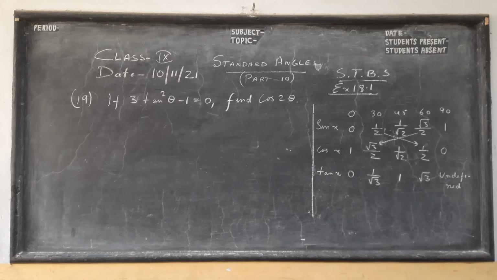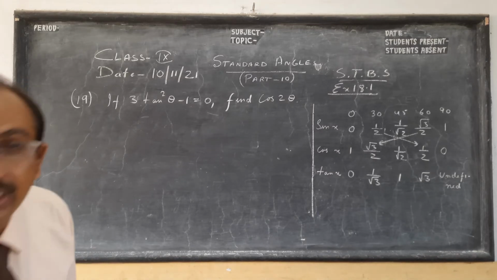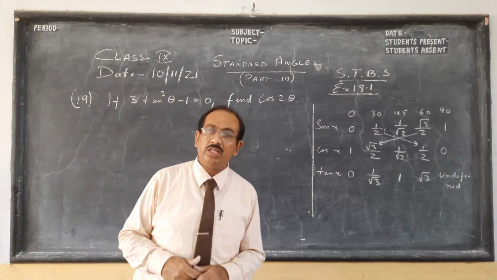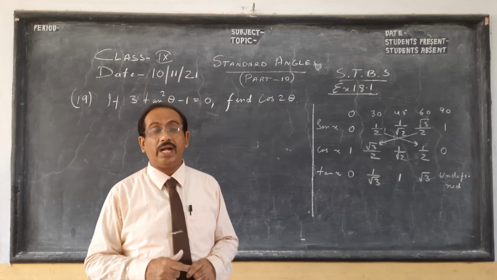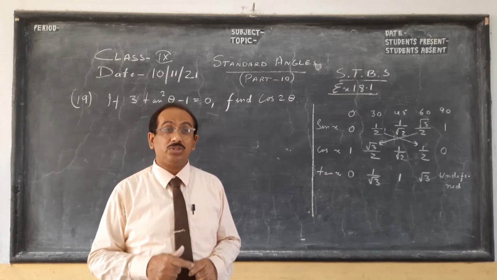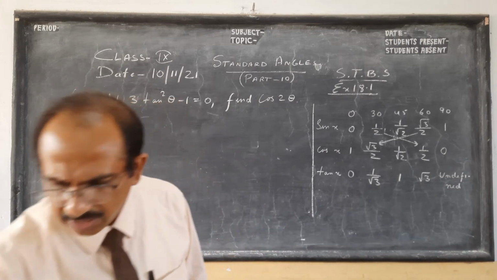So we go to question 19, and after that, children, I'll go to question 24 or 25. In 24 and 25 you will see a chapter I told you about, height and distance in class 10. So there we will see two sums, one I'll do from 24 or 25.